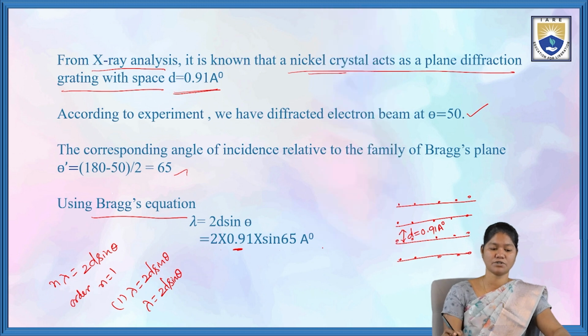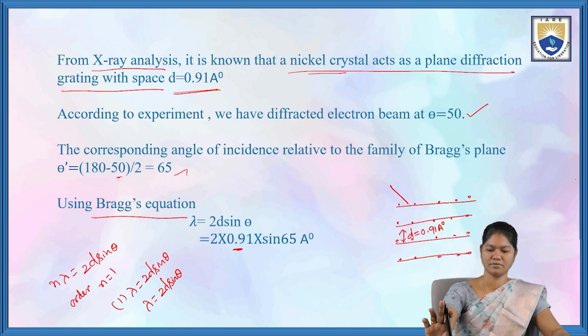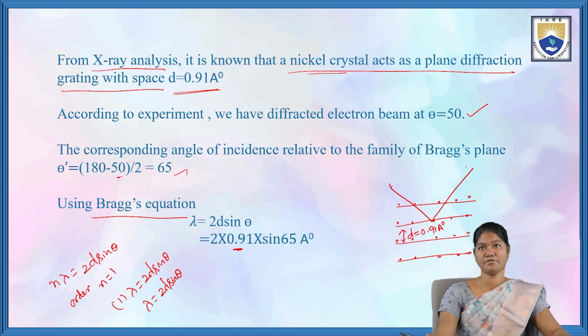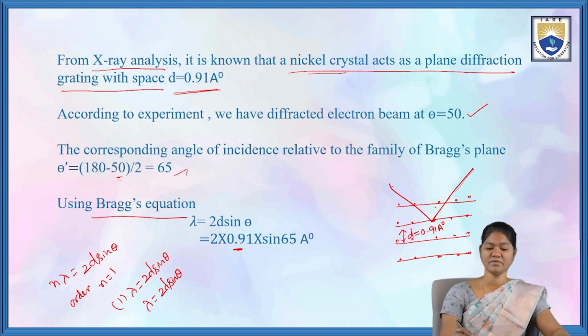So here, what is this 50? 50 degrees is the scattering angle theta. Maybe the incident beam hits the target crystal, so it scatters with some angle theta.